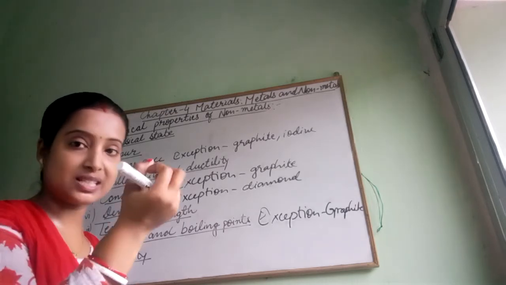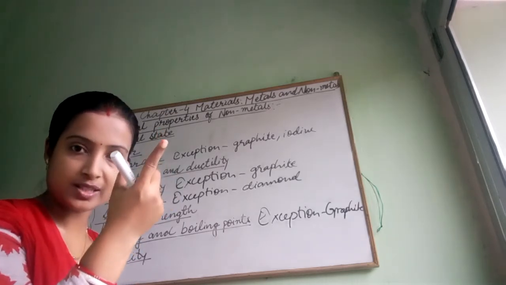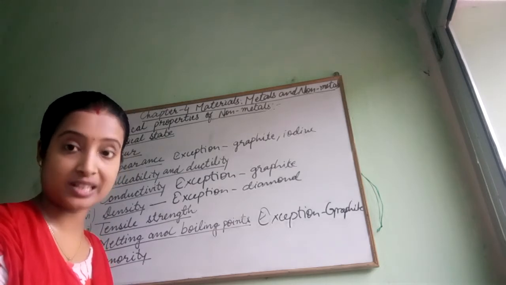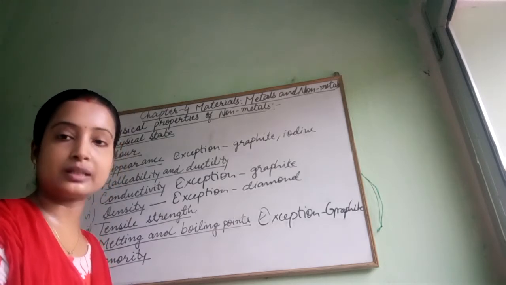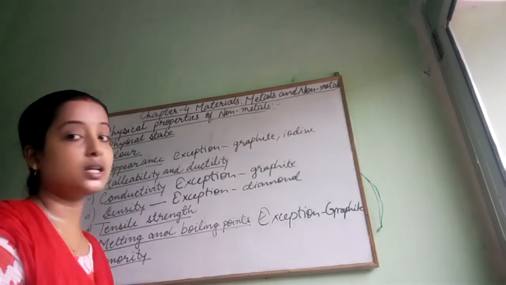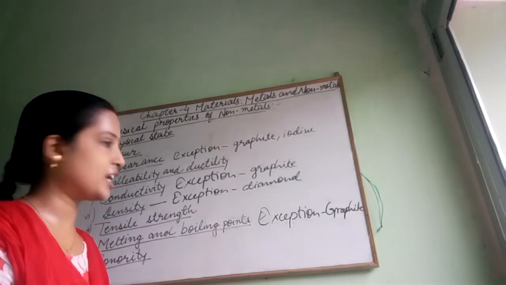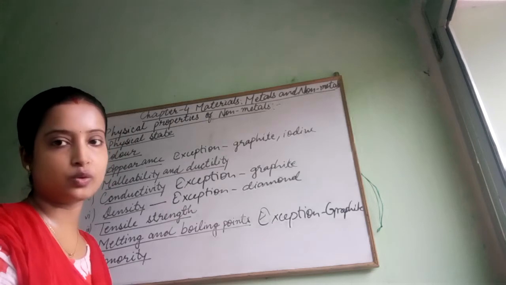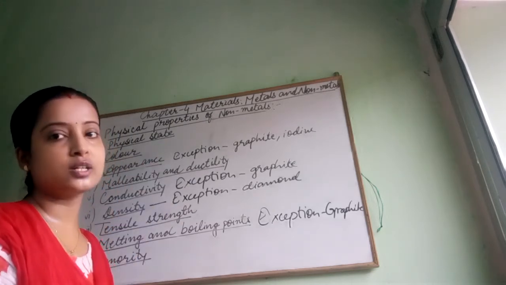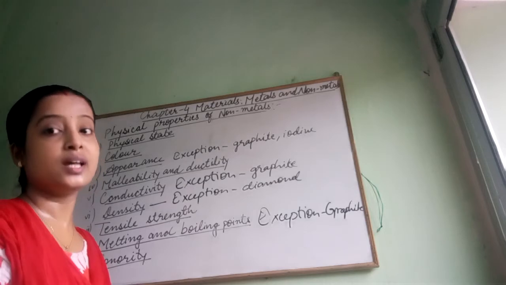Means whenever we strike on the surface, it will produce a ringing sound. That's why metal strings are used in guitar, sitar, temple bells, etc. But non-metals are non-sonorous. That means they do not produce any ringing sound if you strike on their surface. So this is all about the physical properties of non-metals.